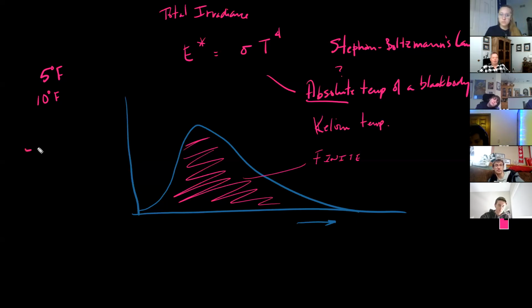Okay, today's temperature is -5 degrees Fahrenheit. Tomorrow's temperature is going to be twice as warm. What temperature will it be? Wouldn't it be 5 degrees? Okay, so I have somebody saying 5.